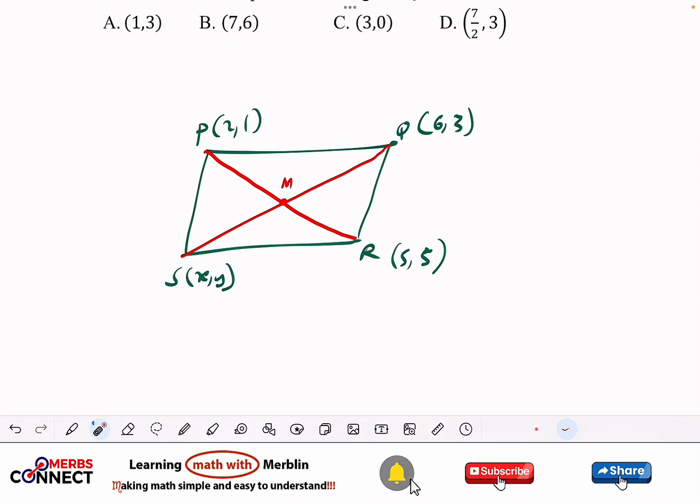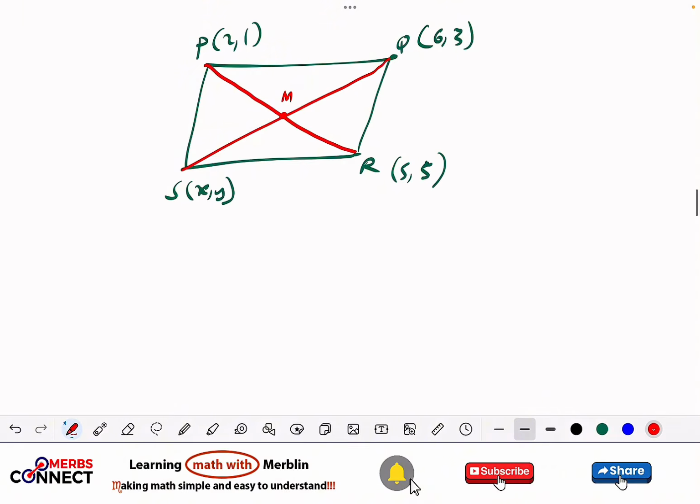So the midpoint of this is the same as the midpoint of this. Let's find the midpoint for PR and the midpoint of SQ, and when we are done, we equate them and then find x and y from here. So let's do that first.